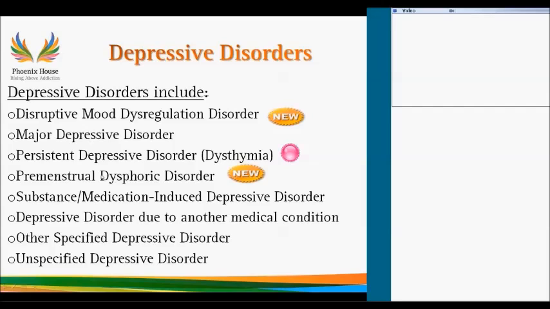A new disorder, premenstrual dysphoric disorder, has made its way into the DSM under the depressive disorder chapter. Now, I can tell you that this is not a female who suffers with premenstrual symptoms.